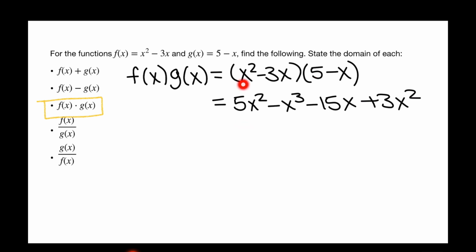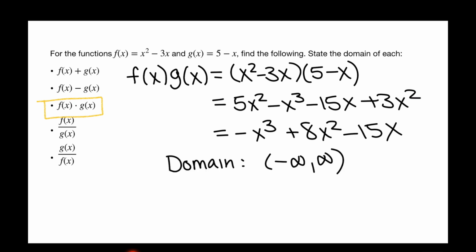Outer, x squared times minus x gives me minus x to the third. Inner, minus 15x, and last, plus 3x squared. Once again, we can combine like terms. This becomes negative x to the third plus 8x squared minus 15x. This is another polynomial. My domain is all real numbers.